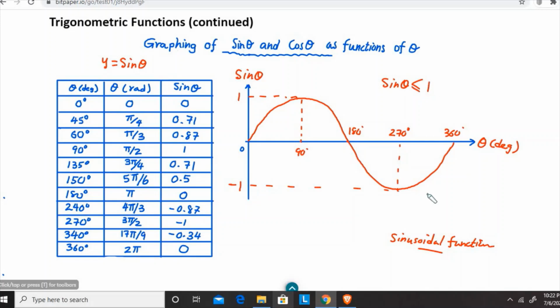The minimum value the sine function can obtain is -1. Now this height over here from the x-axis to the maximum displacement, we have a special name for that. You will learn this later on. It's called the amplitude.